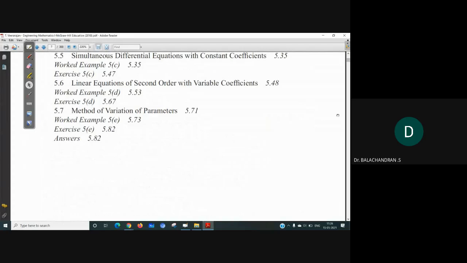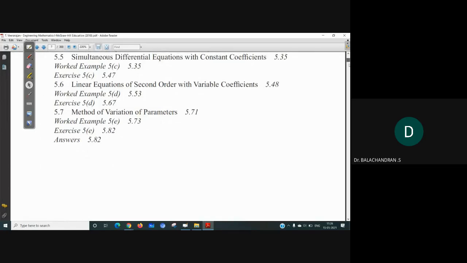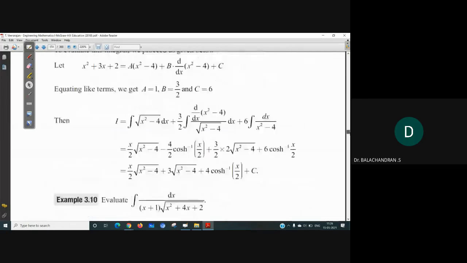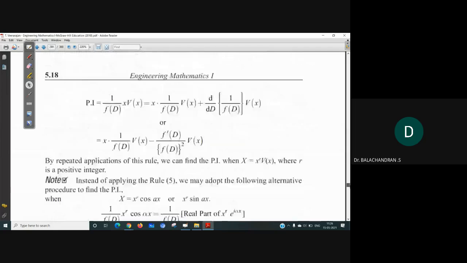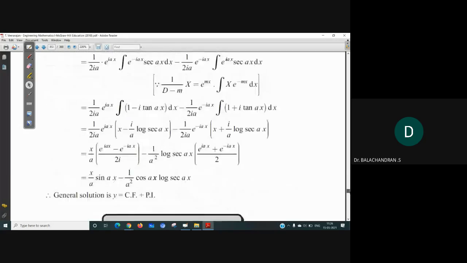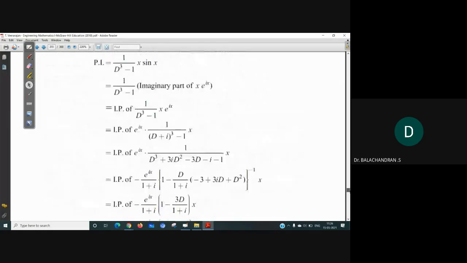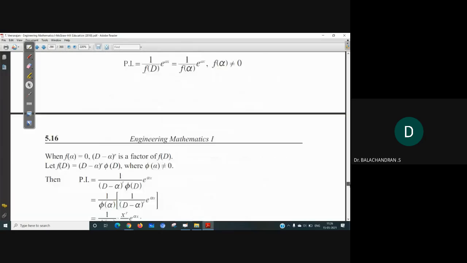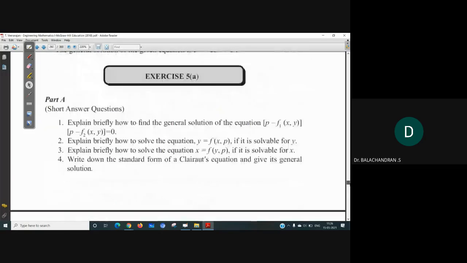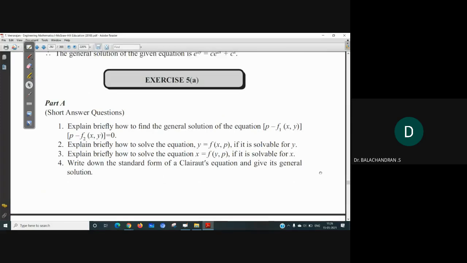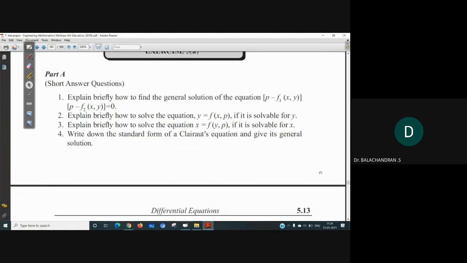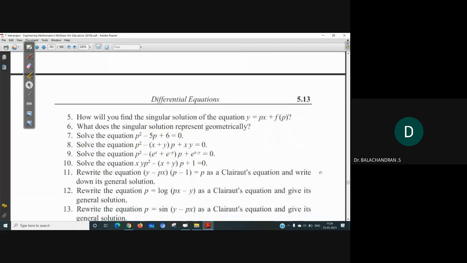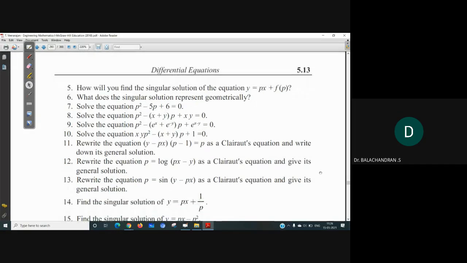In the differential equation book, exercise 5.a, we can solve problem 7.